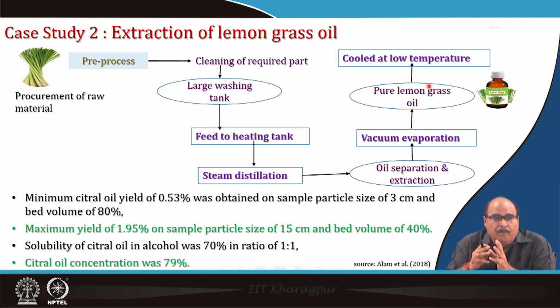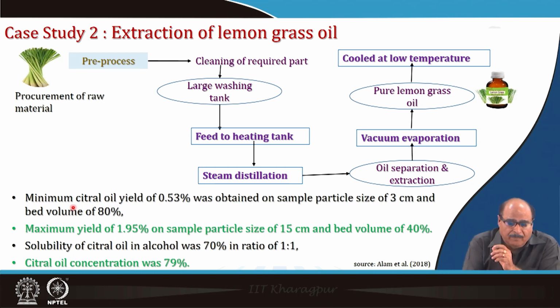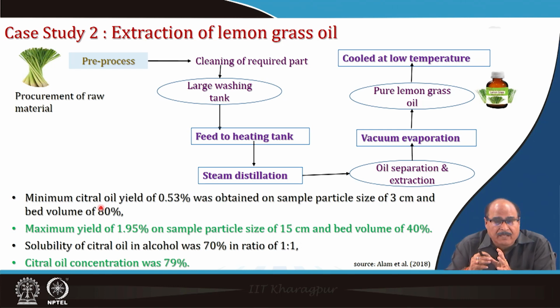So, the minimum citral oil yield of about 0.53% was obtained on a sample particle size of 3 centimeter and bed volume of 80%. The maximum yield of about 1.95% was on a sample particle size of 50 centimeter and bed volume of 40%.